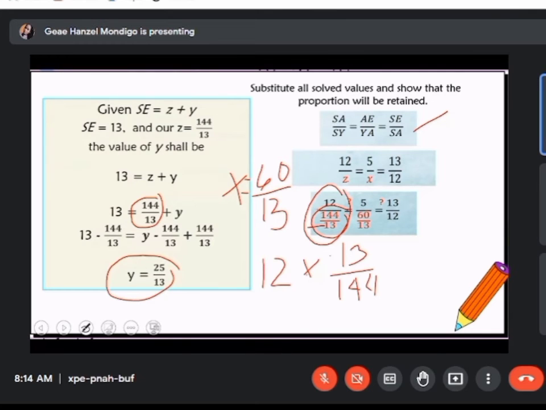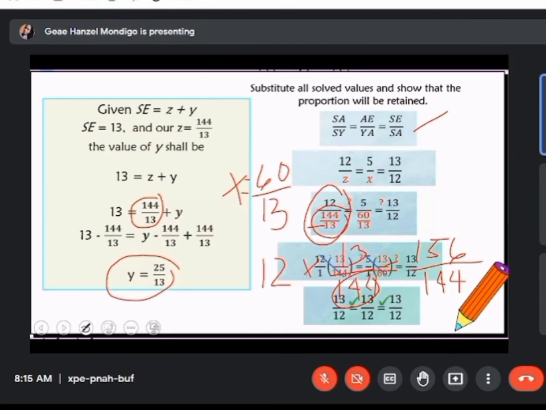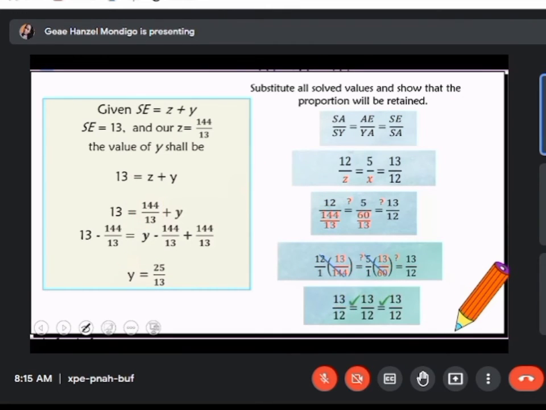So 13 over 144, using your calculator, 13 times 12, we have 156 over, just copy your denominator, we have 144. Now, 156 divided by 144 is just 13 over 12. So, if you use a calculator, we could have this value 13 over 12.